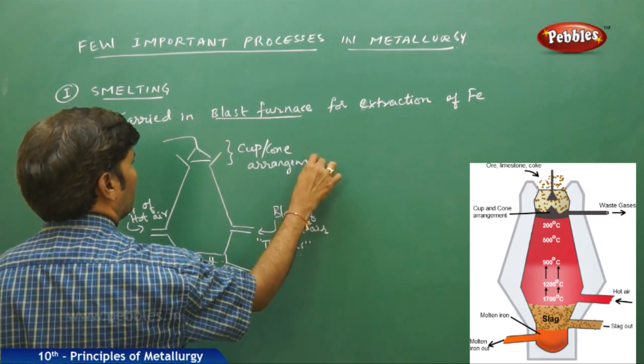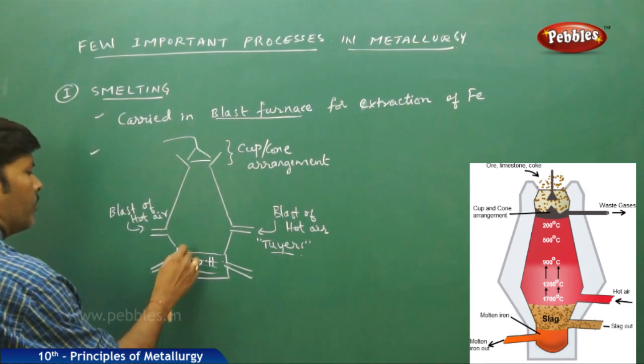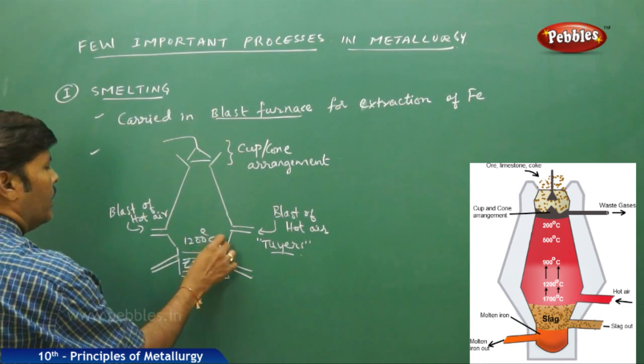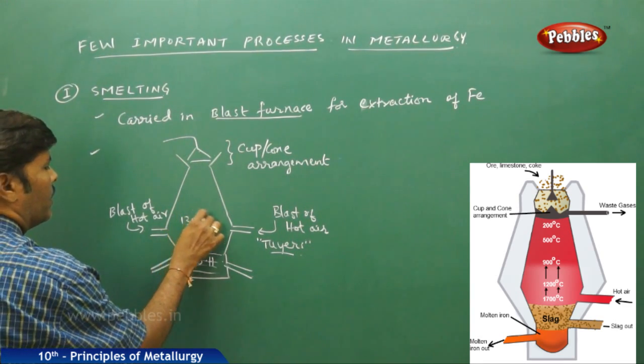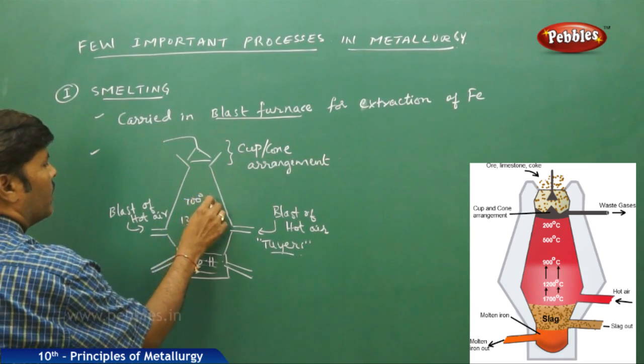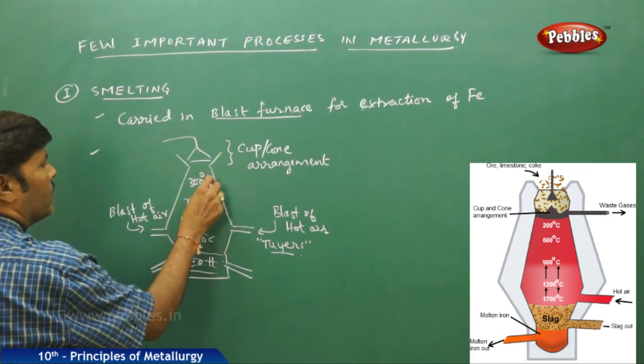Cup and cone arrangement, and here the temperature begins with 1200 degrees centigrade, then 1300 degrees centigrade, 700 degrees centigrade, and 300 degrees centigrade.